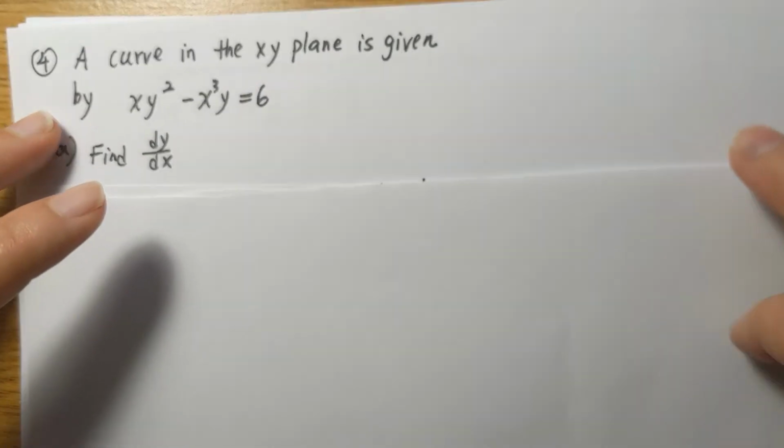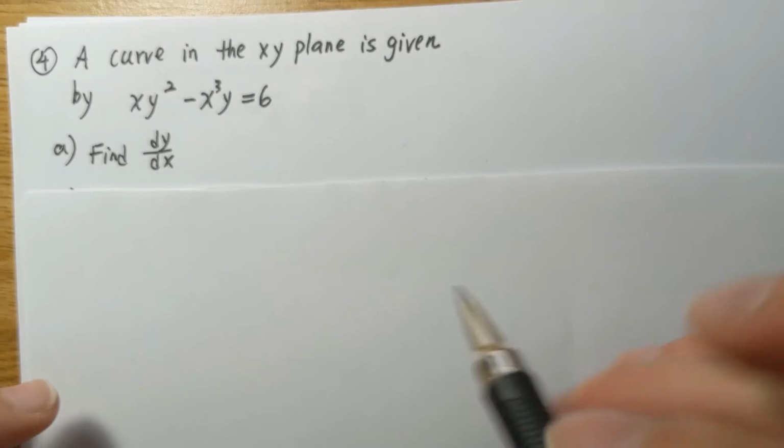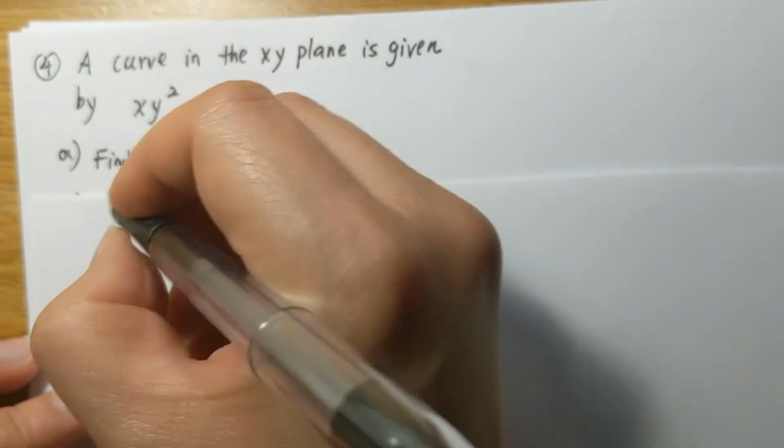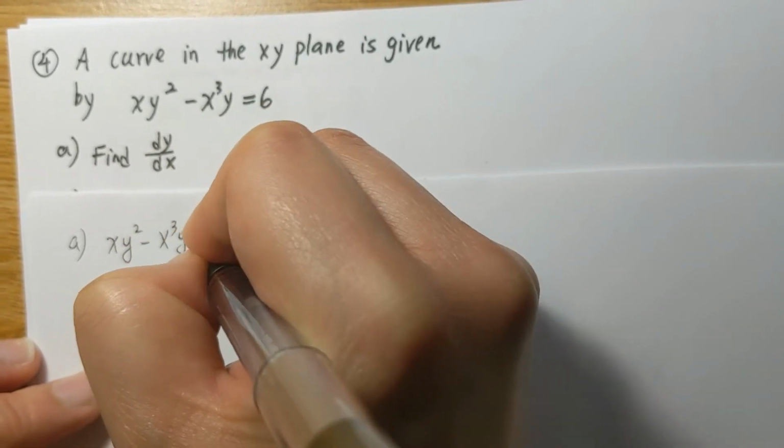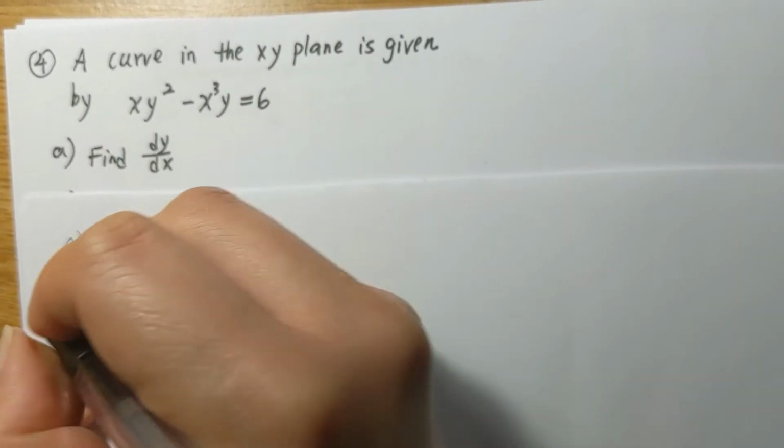So let's continue with question number 4. So for part A, we define dy/dx. So we have to use the product rule, minus the product rule.